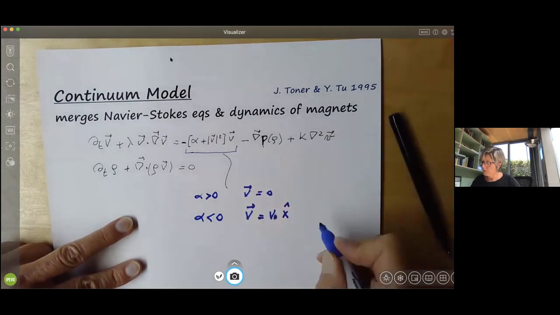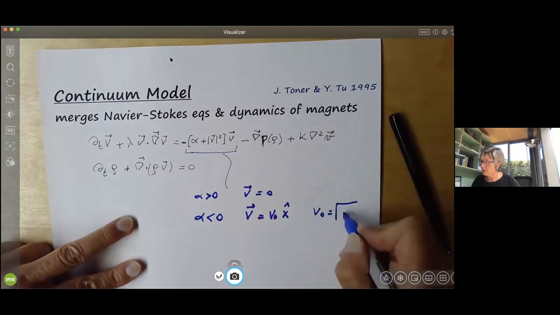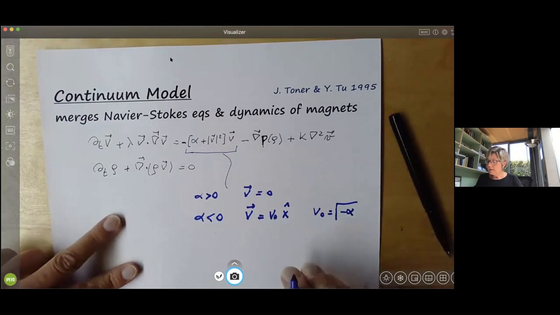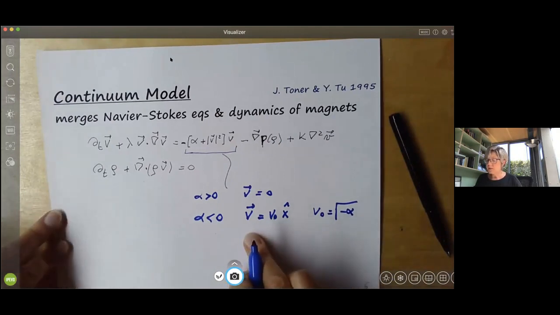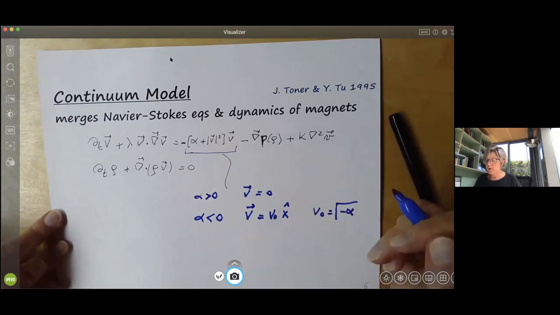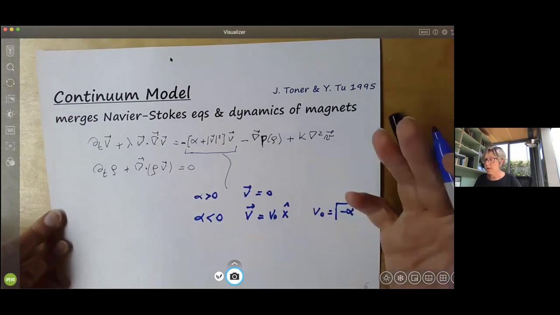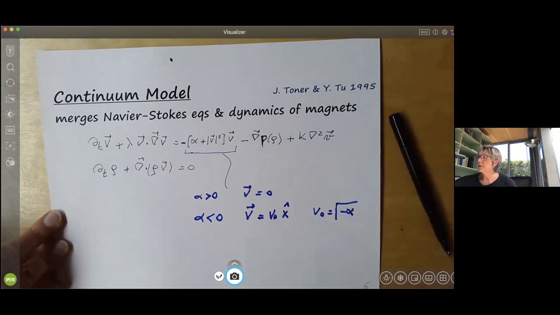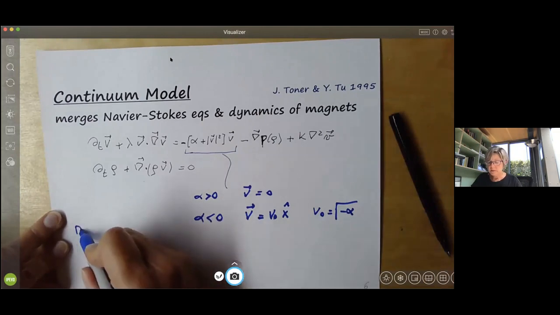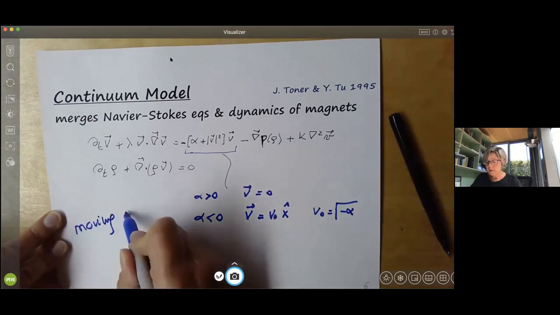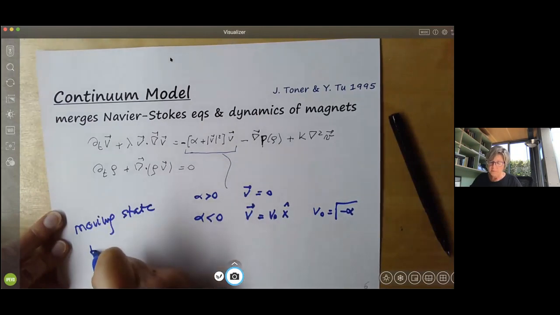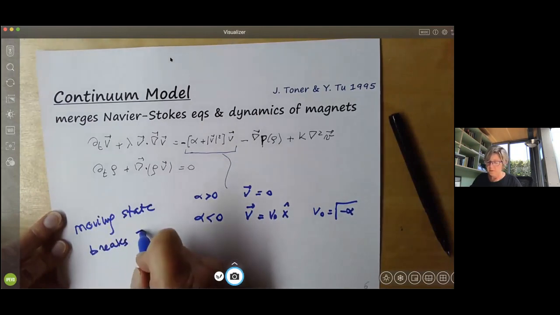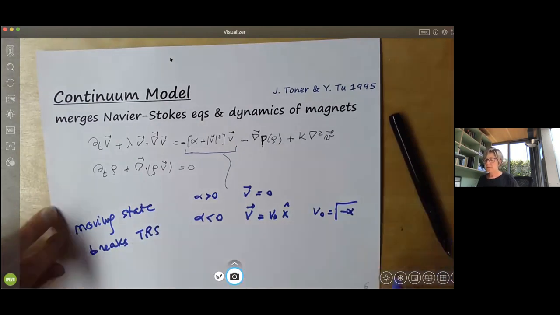Of course, V naught in this case will be the square root of minus alpha. The state with a non-zero V naught is the state where all these particles are moving coherently, moving together, our flocking state. Now, this moving state is a state that collectively, at the macro scale, breaks time reversal symmetry through this transition.